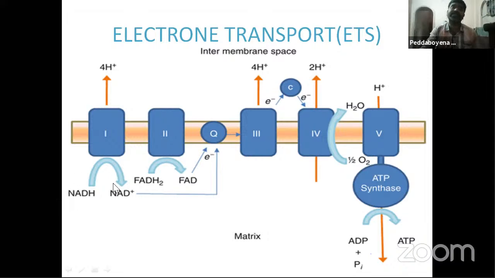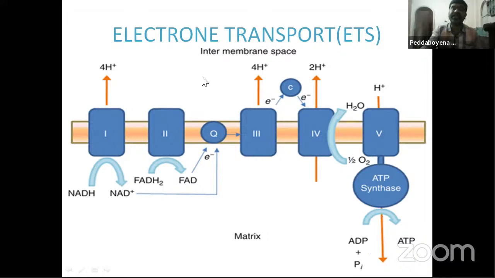So that's why we write 1 NADH is equal to 3 ATP. The reason is that during NADH oxidation in the electron transport system, the inner membrane space has 10 protons, so these are involved in the formation of 3 ATP. That's why we write 1 NADH is equal to 3 ATP.